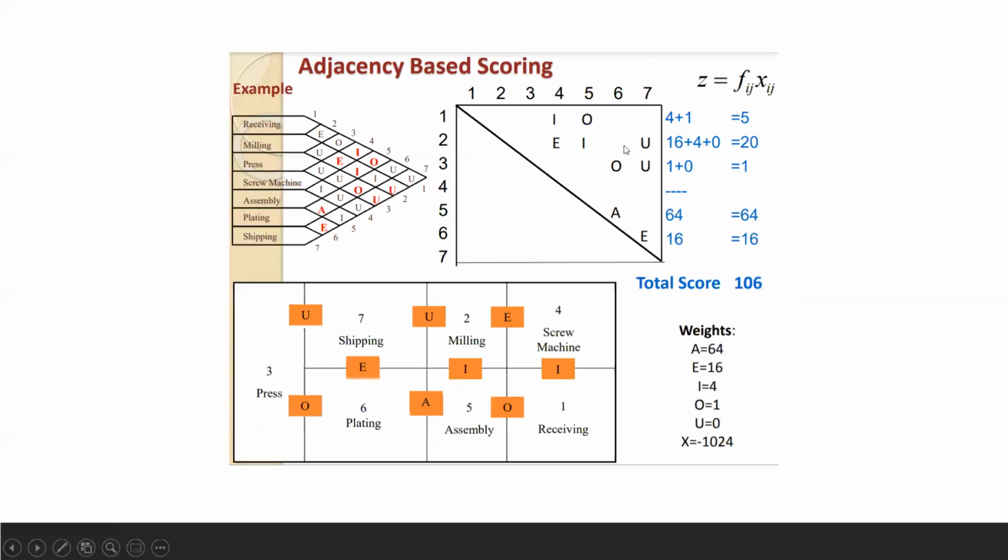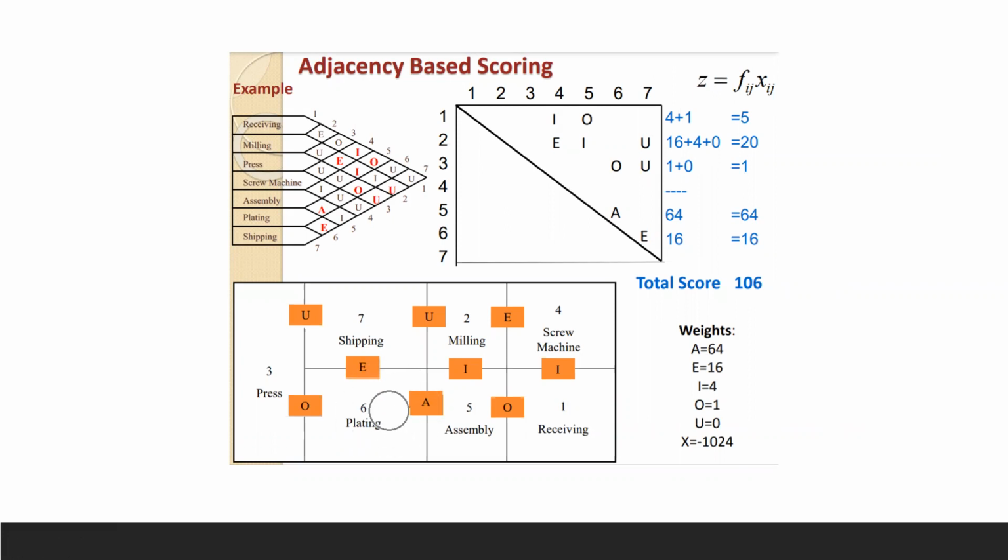Example, ito. So, let's say ito yung ating activity diagram, and then we have this from-to chart. Okay, and then tinignan natin yung total loads. So ito po, again, kinonsider lang nila ito. Ito yung initial layout nila.